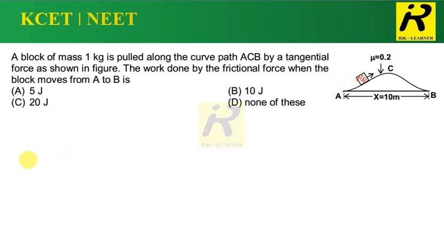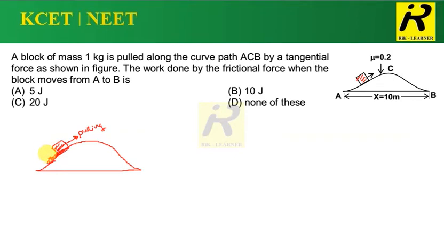In order to find the answer, I am simply making my mathematical calculations here. This is the actual path, and I add the block somewhere here. When the block is pulled upwards, there is friction that appears just beneath the surface making contact with the curved surface.